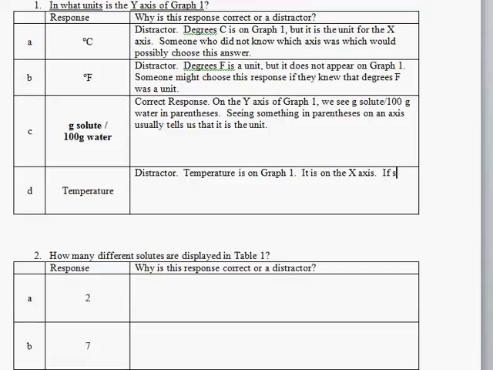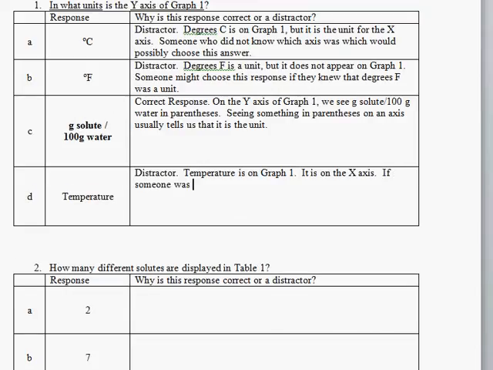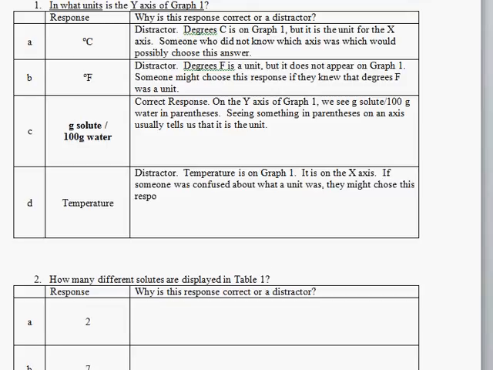If someone was confused about what a unit was, they might choose this response because it is on graph 1. Not only do they have to be confused about what a unit is and which axis, they have to also be confused about which axis is which.